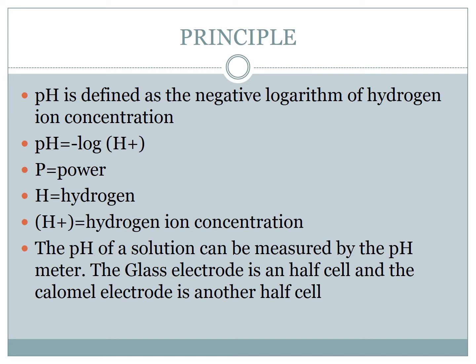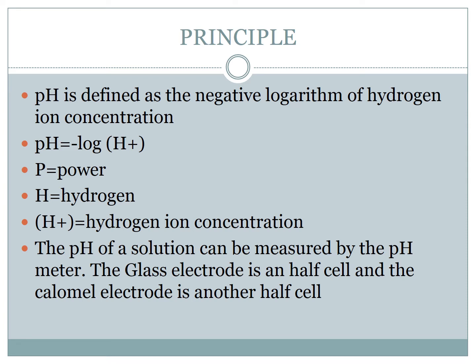Next, we'll discuss the principle of the instrument. First of all, what is pH? pH is the negative logarithm of hydrogen ion concentration. We can write pH as negative log [H+], where p is the power and H is hydrogen. Hydrogen ion means how much hydrogen ion is present in the given solution.